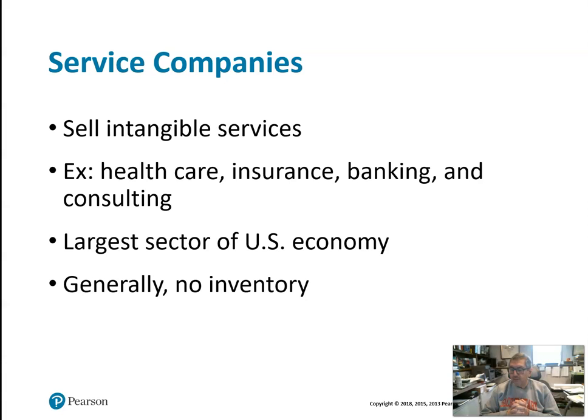They're not producing a hard good, something you can touch and feel. Service companies provide intangible services, things that are mostly intellectual property, or that deal with expertise that's applied to a given area, but not something that can be built or manufactured.